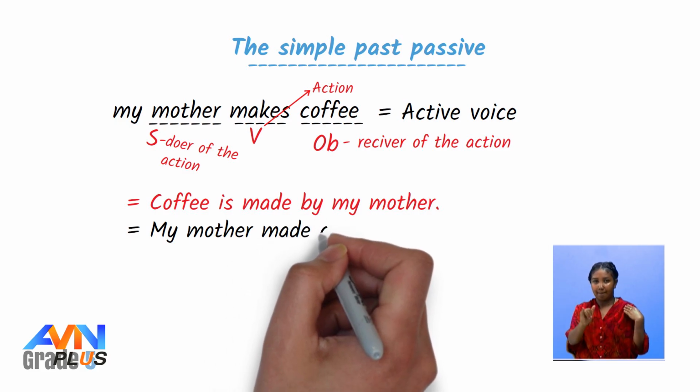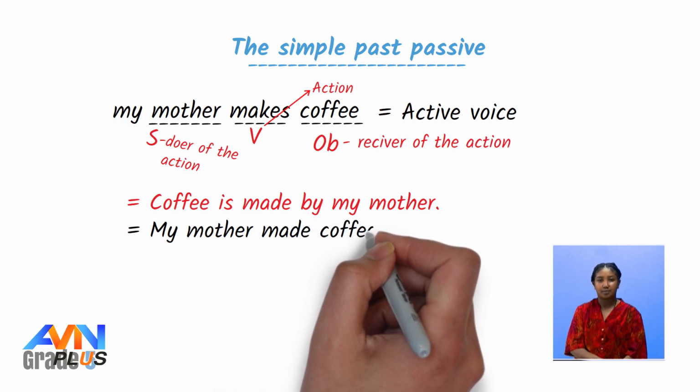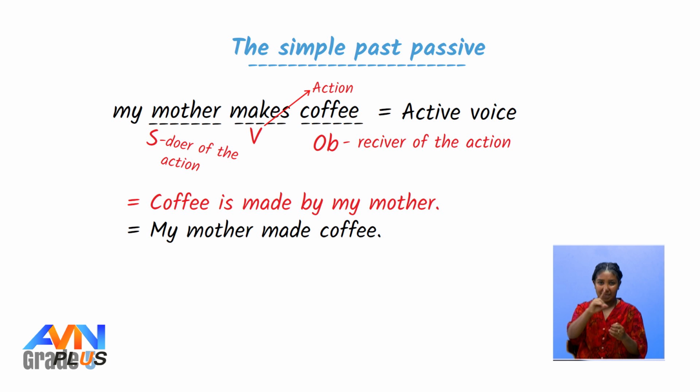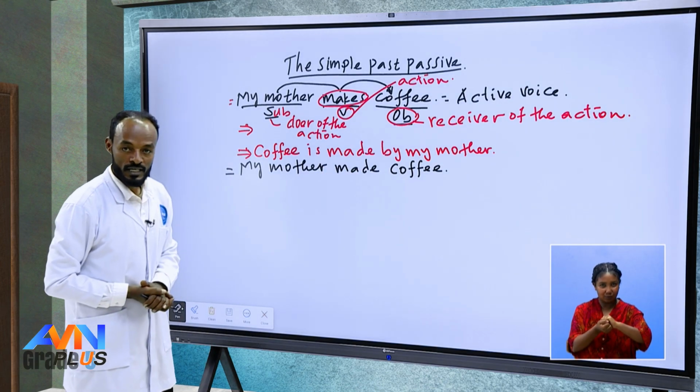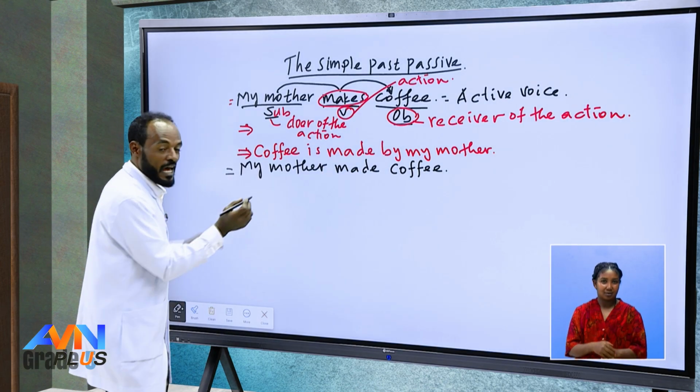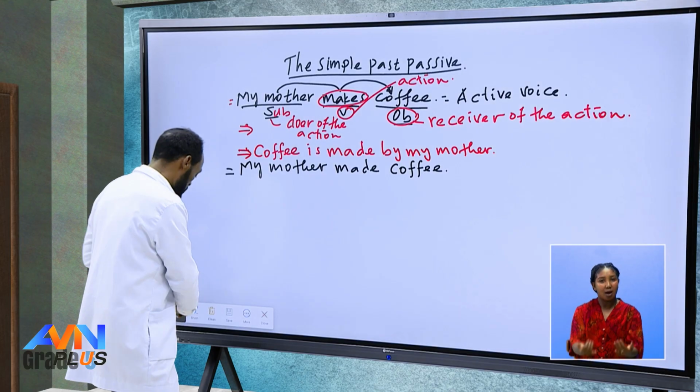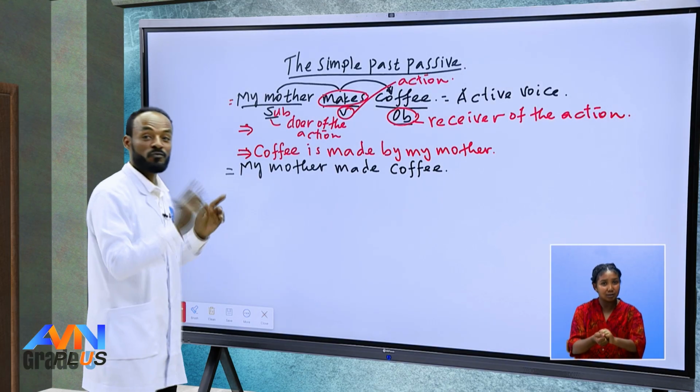My mother made. This one is verb 2. Coffee. Look, you change it into simple past. Nice. Now it's time to change into passive voice.